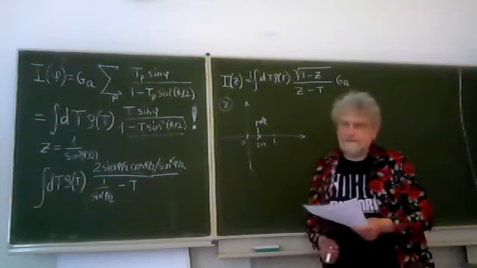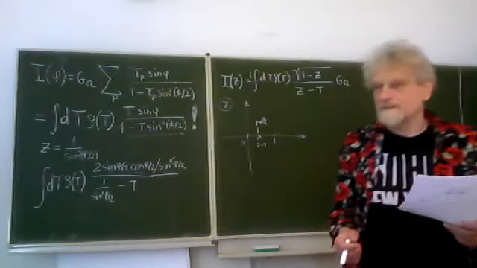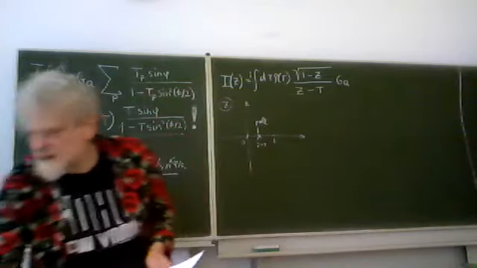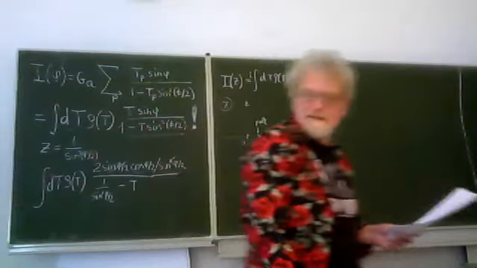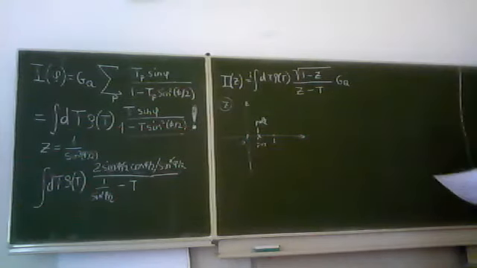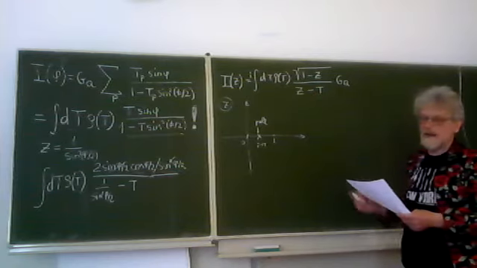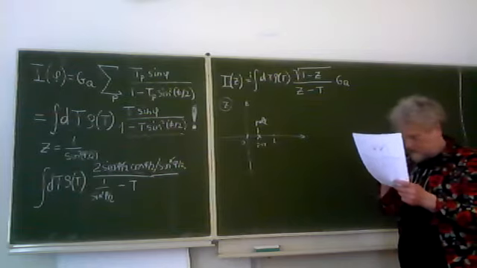Each pole is in fact a delta function. Do you see the formula? So right. I better take my glasses. Each pole is in fact a delta function if you treat it correctly.